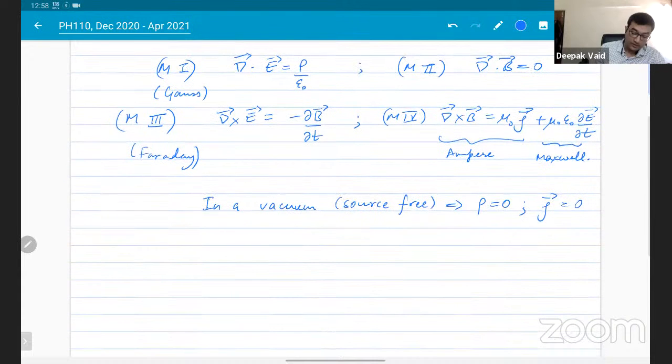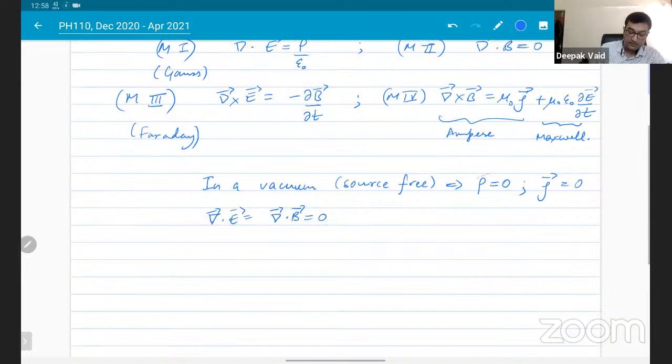In a vacuum, you get divergence of E is 0, divergence of B is 0, right? Because there is no charge density. Then you have curl of E is equal to minus dB dt. And curl of B is equal to mu naught epsilon naught dE dt.